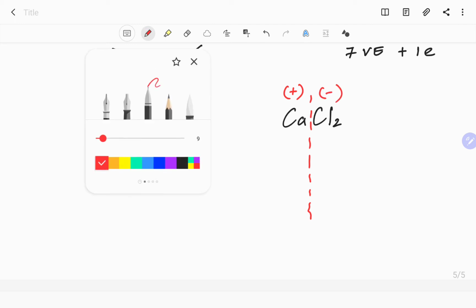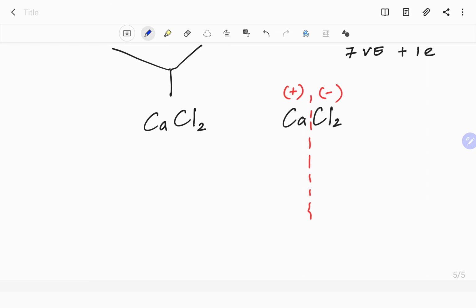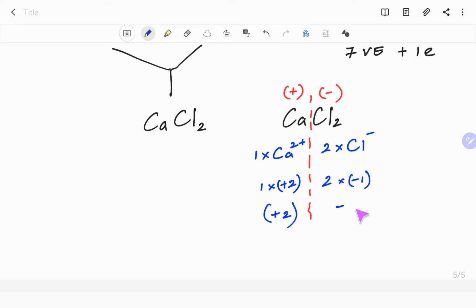In here you have only 1 calcium ion, which means you only have +2 charge in the cation side. The total positive charge that you have is +2. And you have 2 chlorides, 2 times Cl minus. So 2 times -1 equals -2.